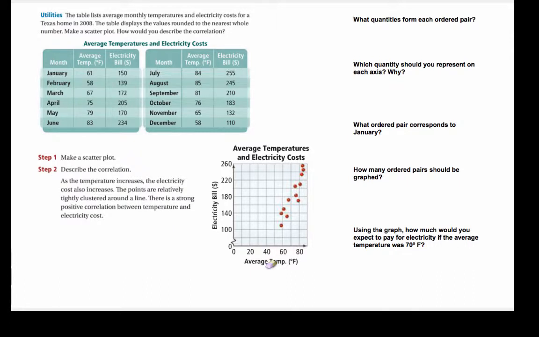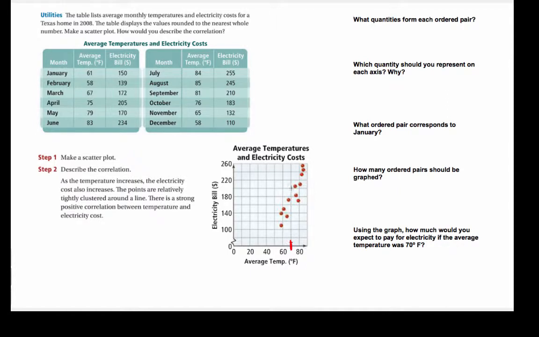How many ordered pairs should be graphed? Well, if you have a data table, you should graph all the points, all the ordered pairs. So using the graph, how much would you expect to pay for electricity if the average temperature was 70 degrees Fahrenheit? So this is an exercise in reading the graph. Here is 70 degrees.